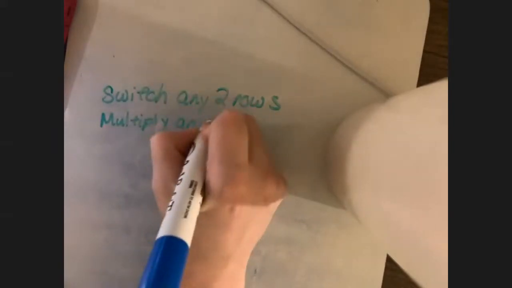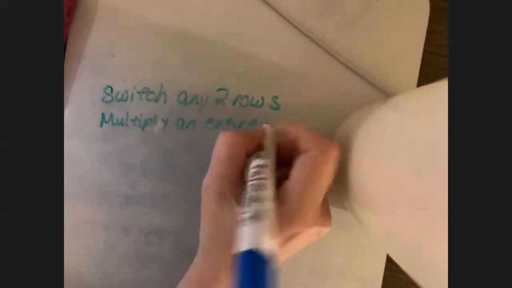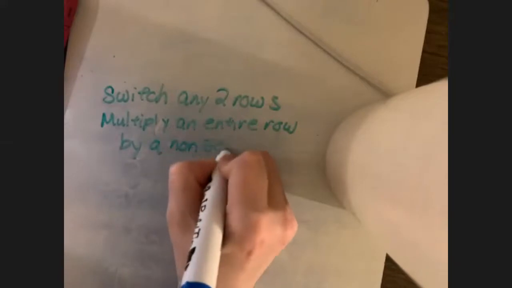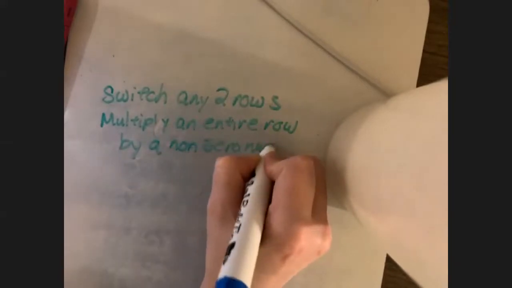Okay, now you can multiply an entire row by a non-zero number.